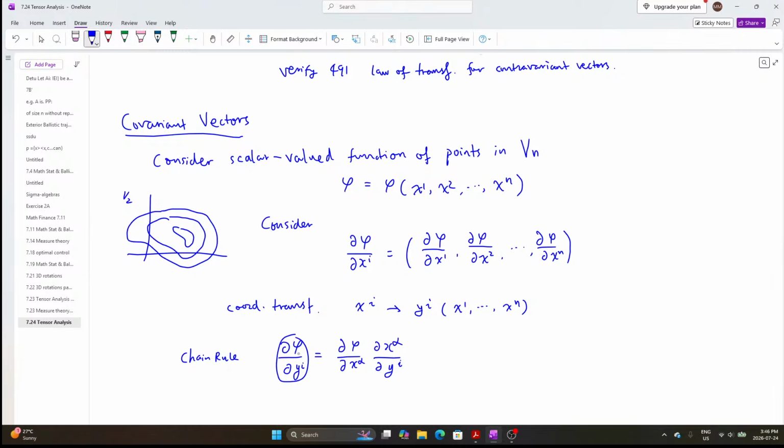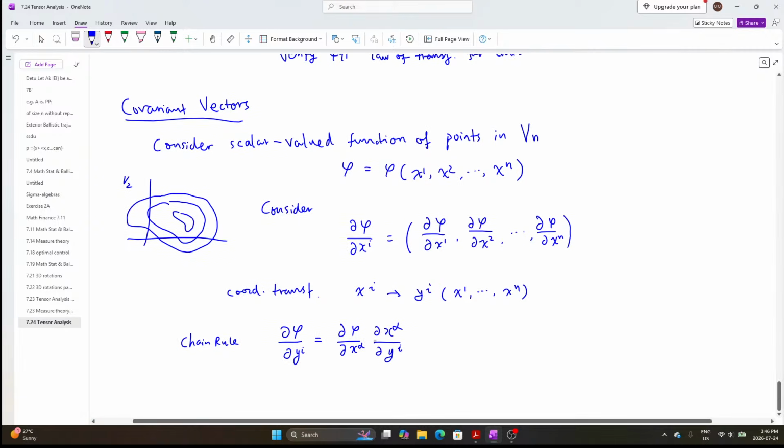You get the relationship between dφ/dy^i and dφ/dx^α. And you see, they're related by the inverse Jacobian now. This is fundamentally different compared to the contravariant vector, no?